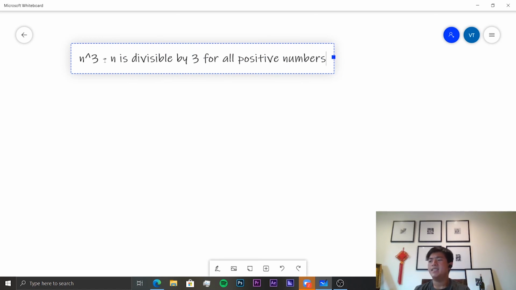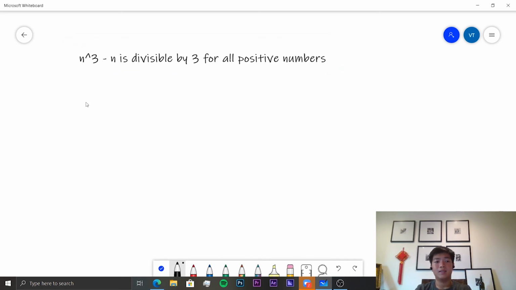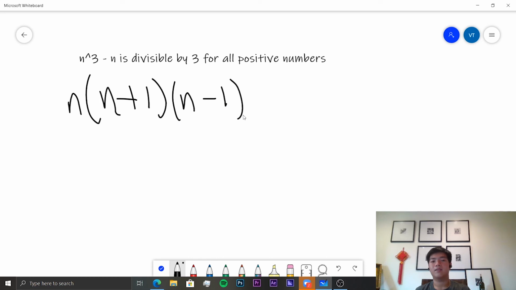I mean, induction seems viable, I think. But let's just think. Clearly, when you expand this, you get n times (n plus 1) times (n minus 1). But where would we go from there? Oh, no, of course. This is just a direct proof.